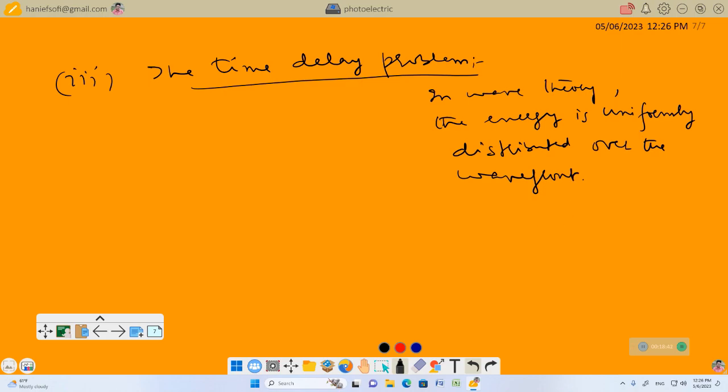Remember, wavefront is the surface constructed by joining the points which have the same phase in the wave.